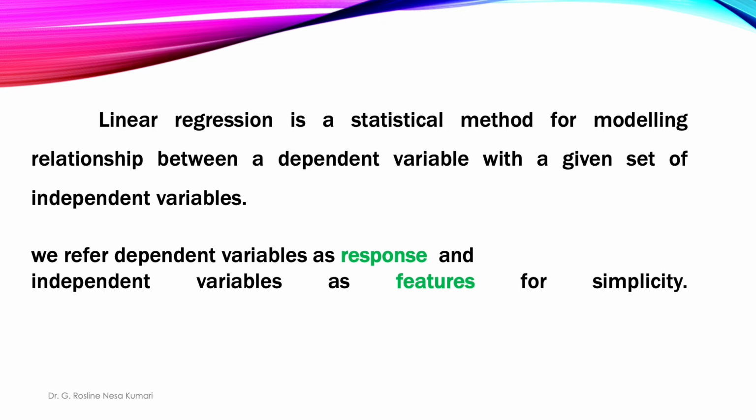We take some set of values for the x-axis, and with the x-axis values we get the y value. That y is the dependent variable. We call the dependent variable the response and the independent variables the features, for simplicity.